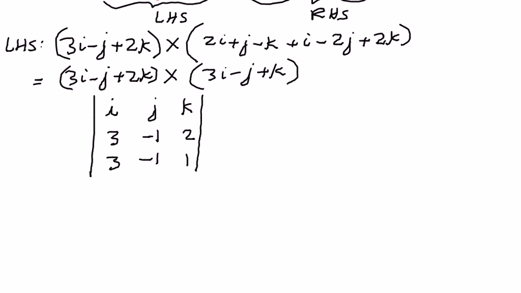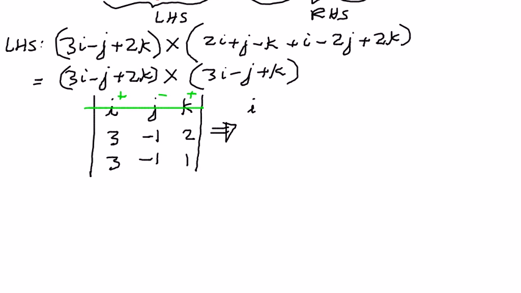So therefore, when we expand this, it is going to look like this. i, the minor of that. Here again, I want to say that we're going to travel along the first row, and the sign convention we're going to use is positive, negative, positive.